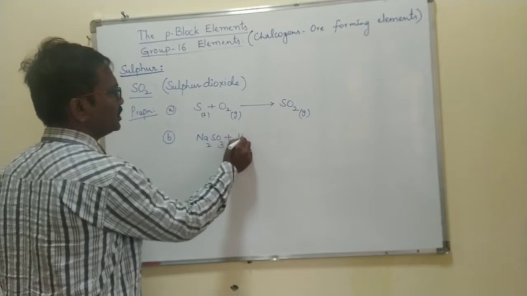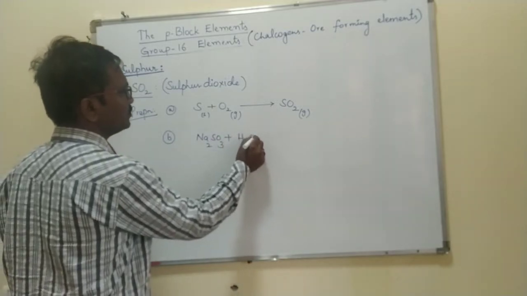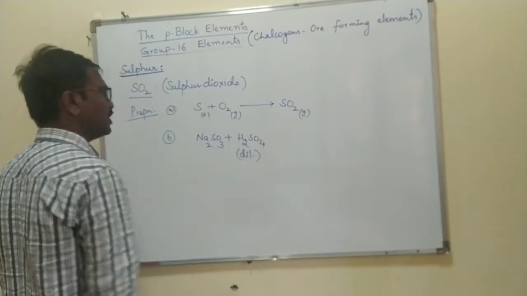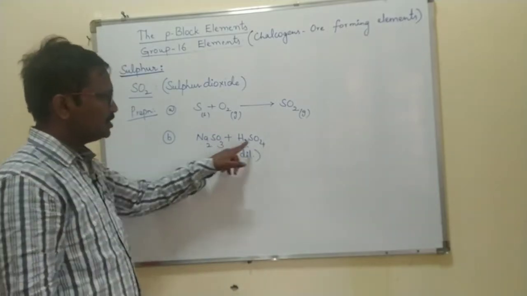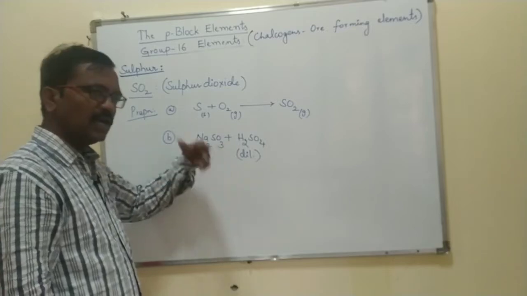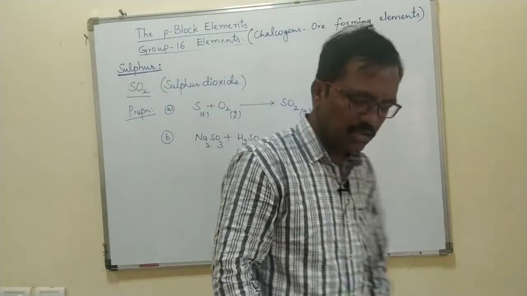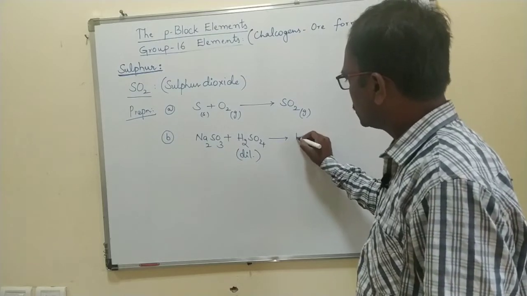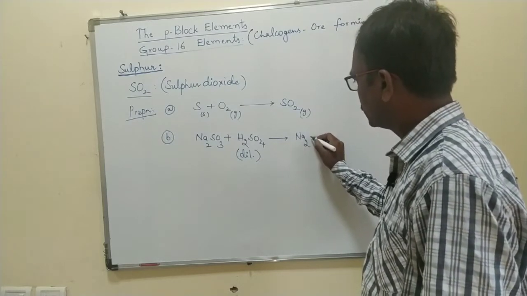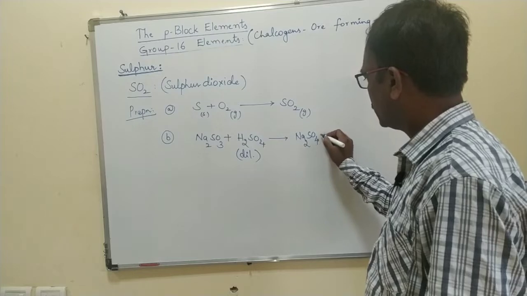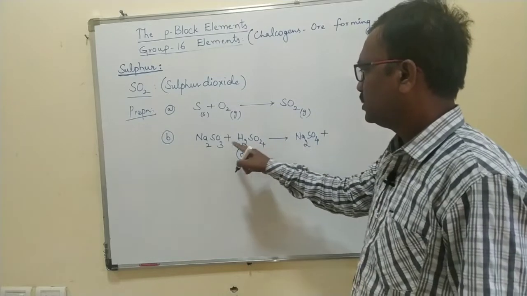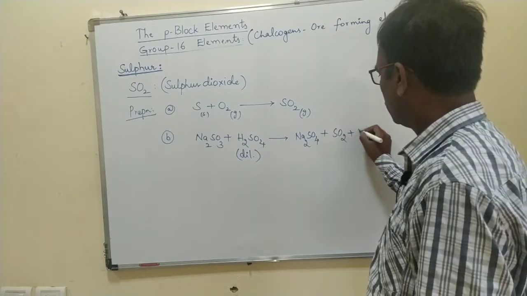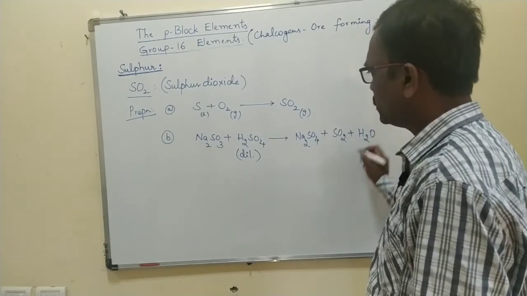If you treat it with dilute sulfuric acid, what happens? It forms the sulfate, sulfur dioxide and water. It forms sodium sulfate, Na2SO4, plus sulfur dioxide plus water.